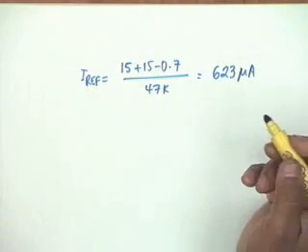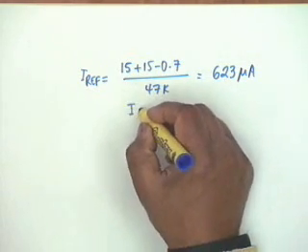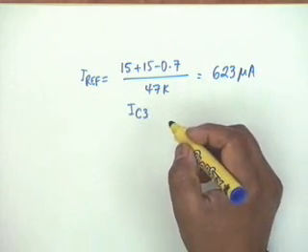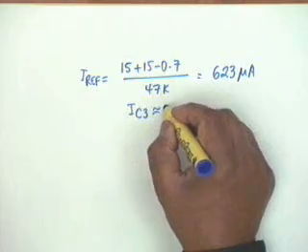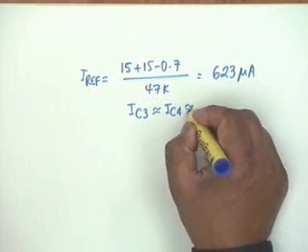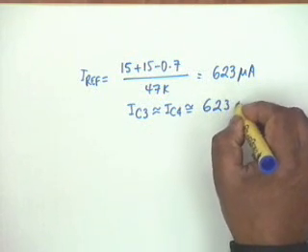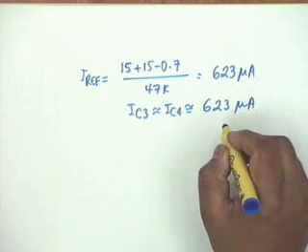If this is IREF, then obviously IC3, we will examine that point about IB1 and IB2 later, but IC3 is approximately equal to IC4, approximately equal to 623 microampere, both of them.